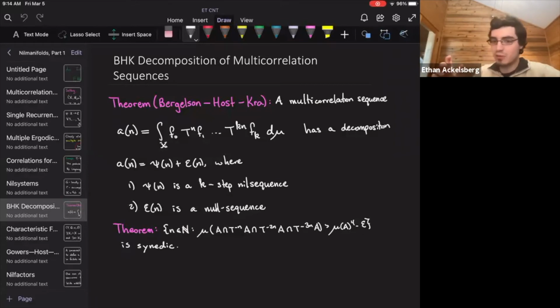What happens for one of these skew product systems, at least if you choose your A in a way that really sees that sort of quadratic behavior, is that the limit might be quite small, but A sort of behaves like a 4-term progression. And so there won't be very many values of n for which you're going to hit a progression. But for some values of n, you'll get very close to mu of A as your intersection.